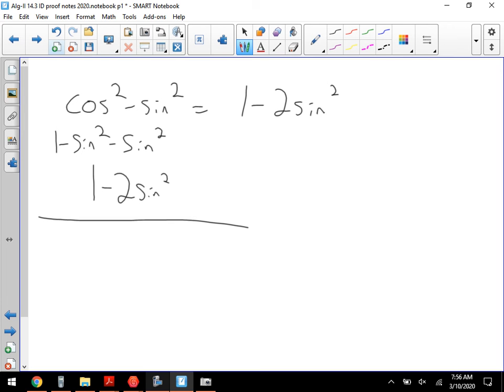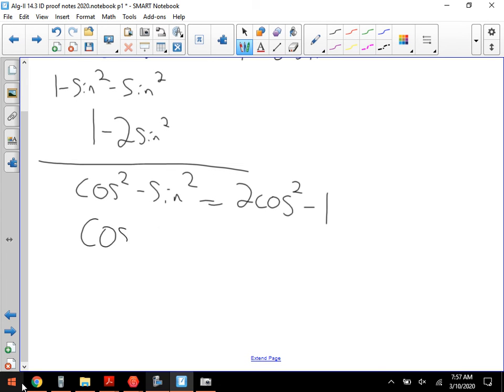Okay. Same deal with the other one. You have cosine squared minus sine squared, and you want it to be 2 cosine squared minus 1 at the end. So now you have to rewrite sine squared in terms of cosine. And this is where most of you guys will screw up.